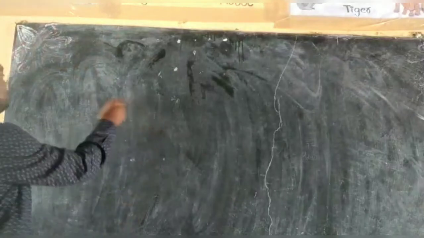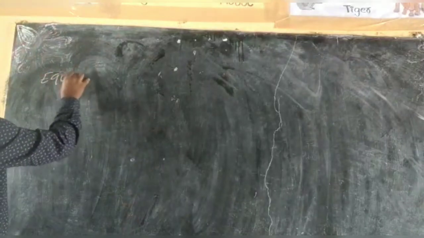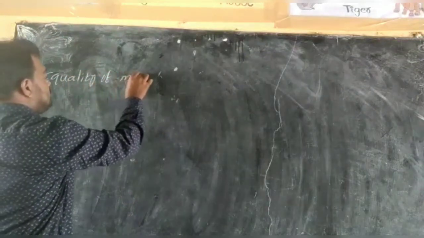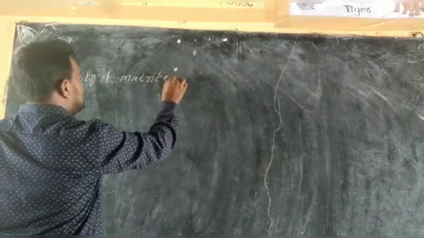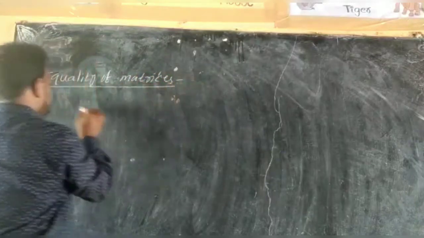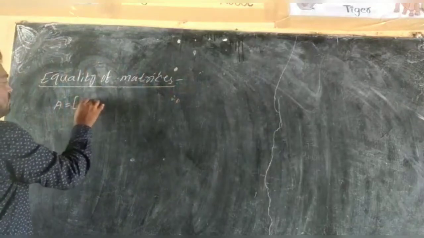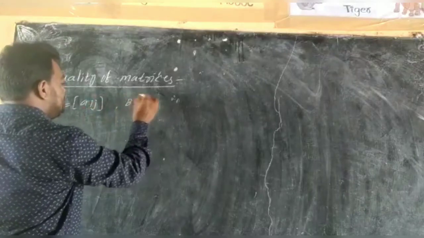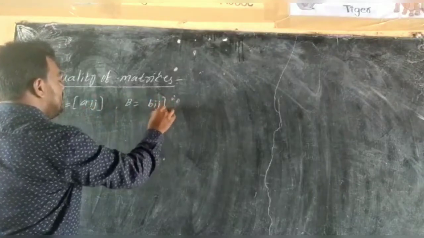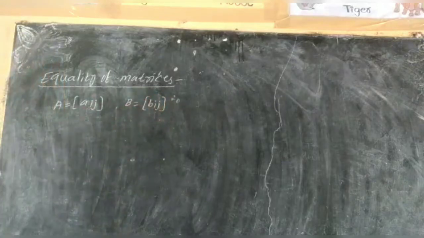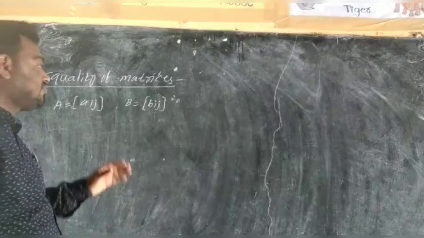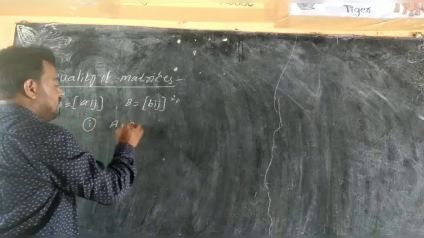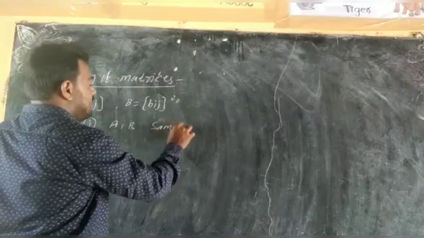Next definition, equality of matrices. Two matrices A equal to [aij] and B equal to [bij] are said to be equal matrices if the following conditions hold.